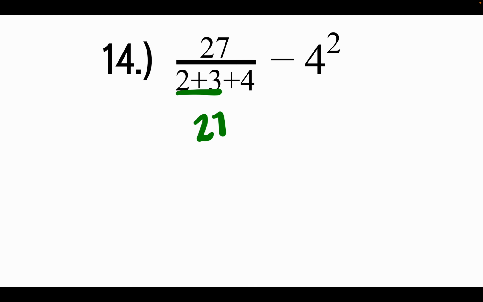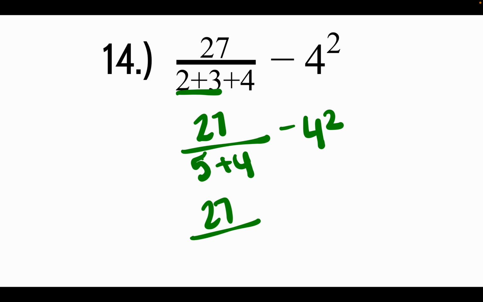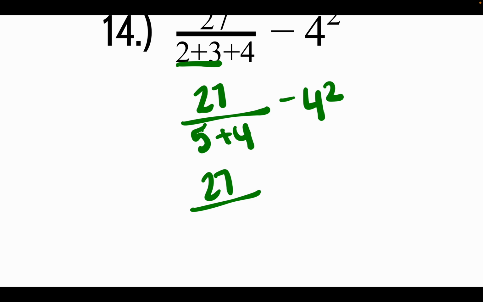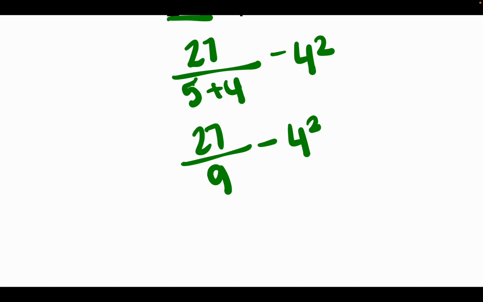We have 27 over 2 plus 3 is 5 plus 4 minus 4 squared. 27 over 5 plus 4, well, that's 9 minus 4 squared. 27 divided by 9, well, that is 3 minus 4 squared.